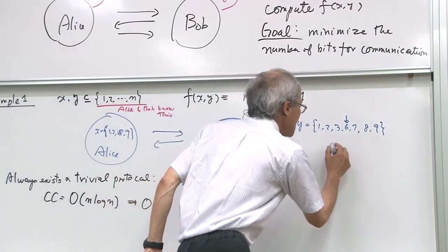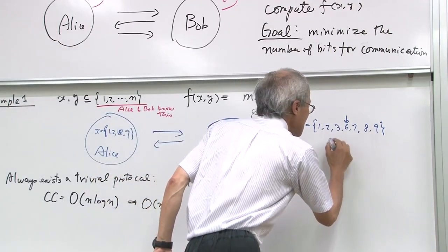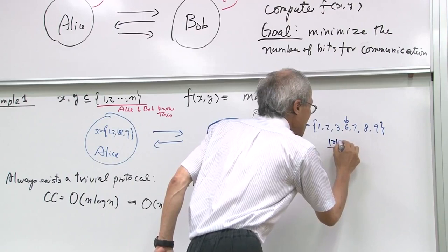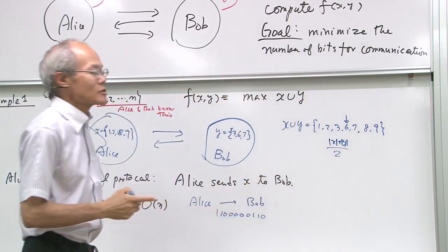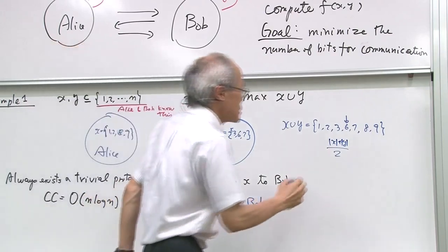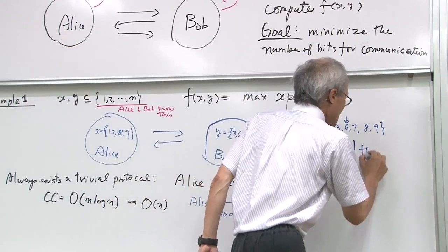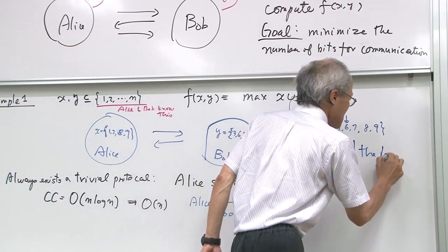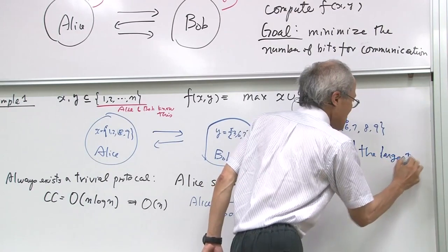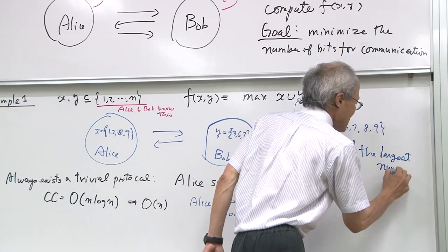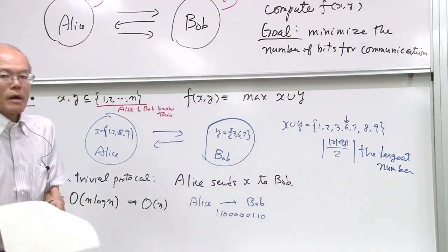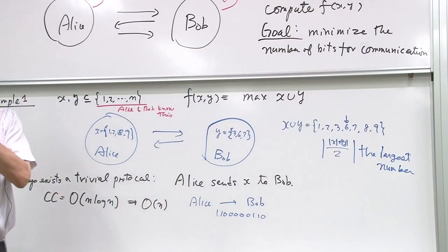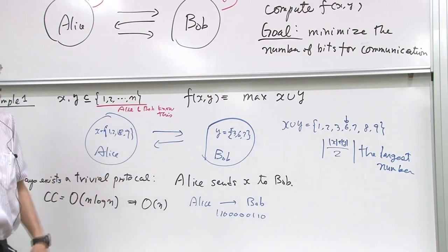Formally speaking, the median is the ceiling of the size of x plus y divided by 2 largest. So this is our definition of the median in this lecture.